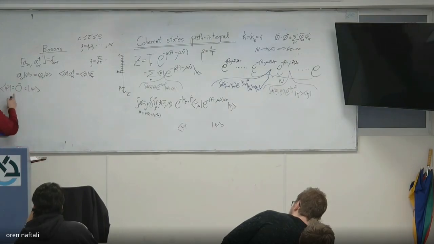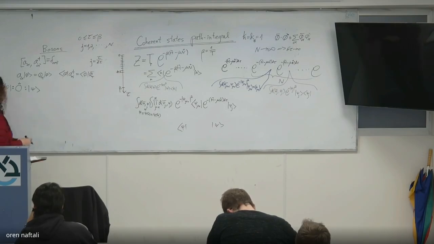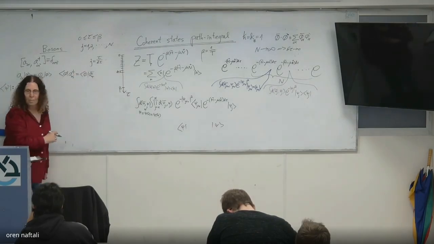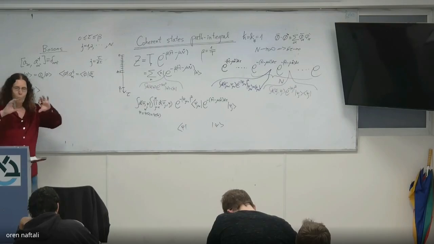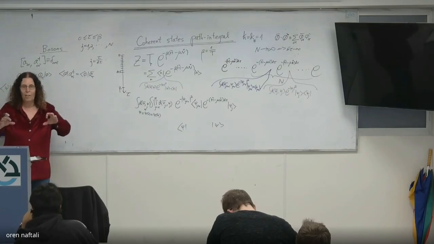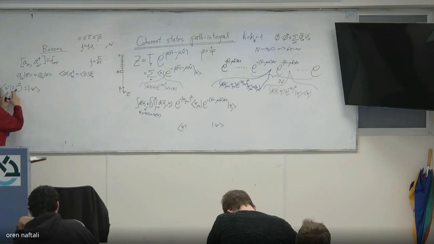And all the A daggers, they can be thought of as if they act on the left on the psi prime. So they will give me just psi bars, right? And then I'm going to get just a complex number, which I can take outside, times the overlap, the inner product of psi and psi prime.